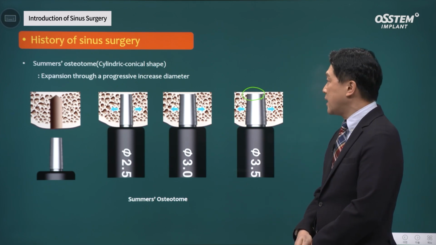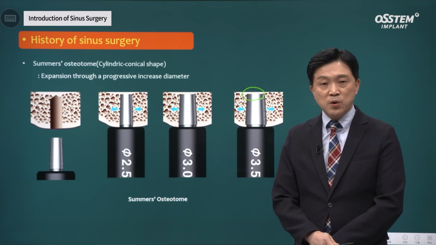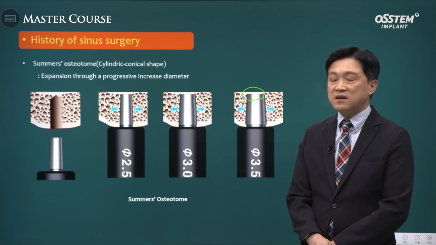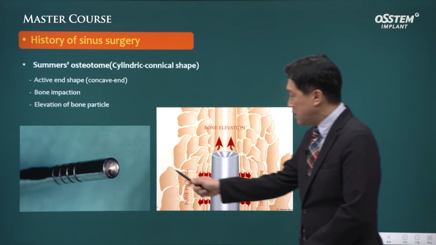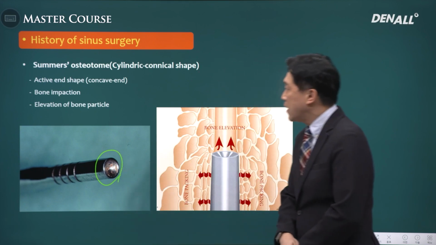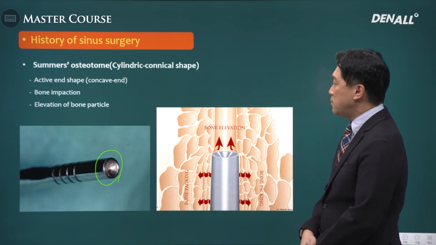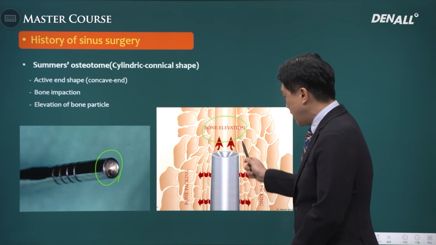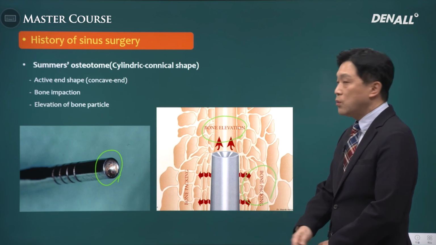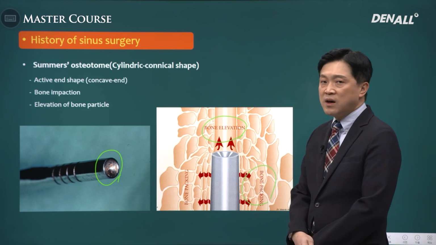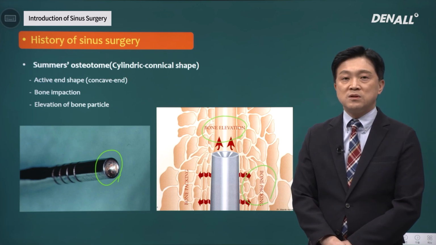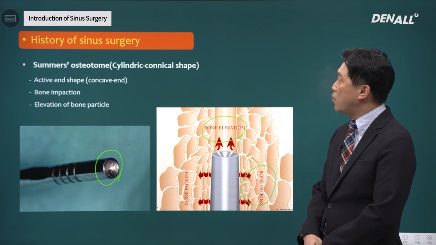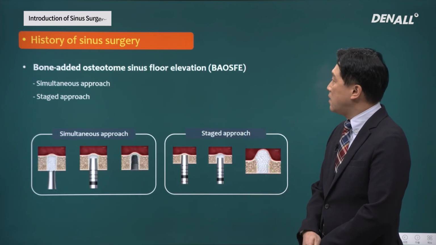It's flat and concave. Sinus floor elevation or green stick fracture was performed. It's more favorable for that. Concave type of osteotome is observed here. The effect you can get with this is that you can do bone elevation and bone compaction. So, two birds with one stone. Sinus osteotomes that are used these days, most of them have a concave form.